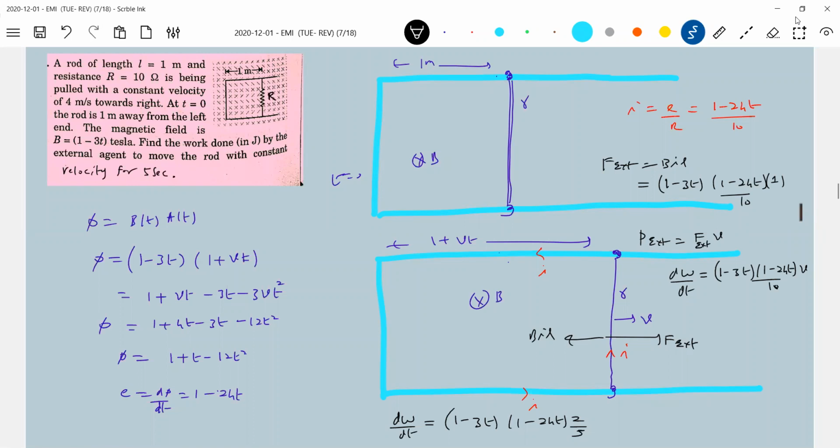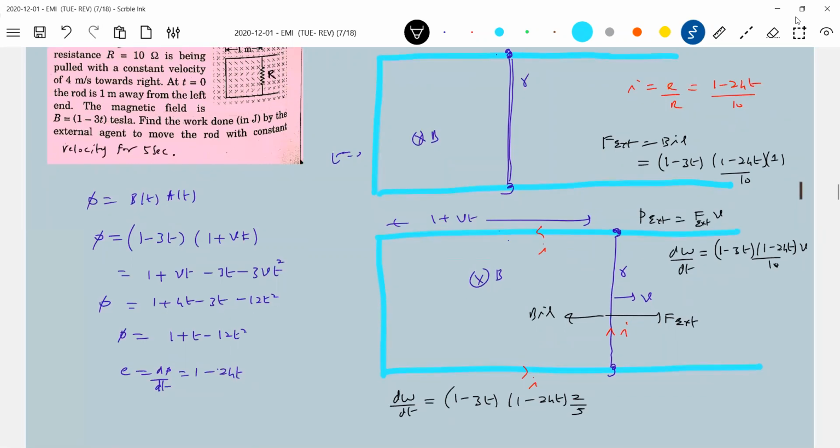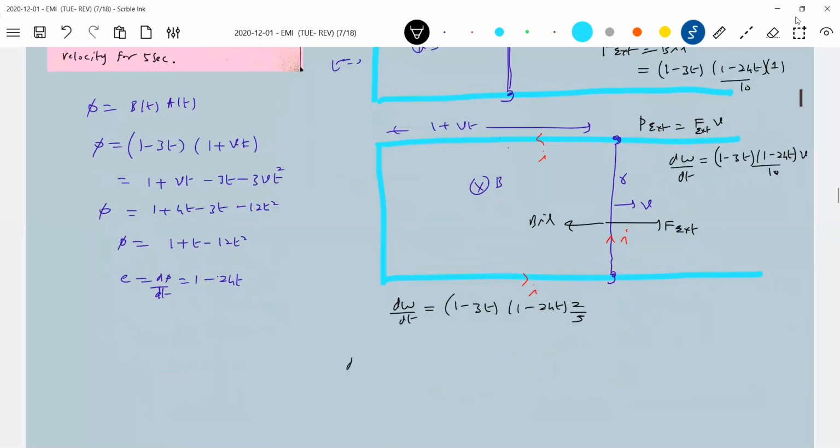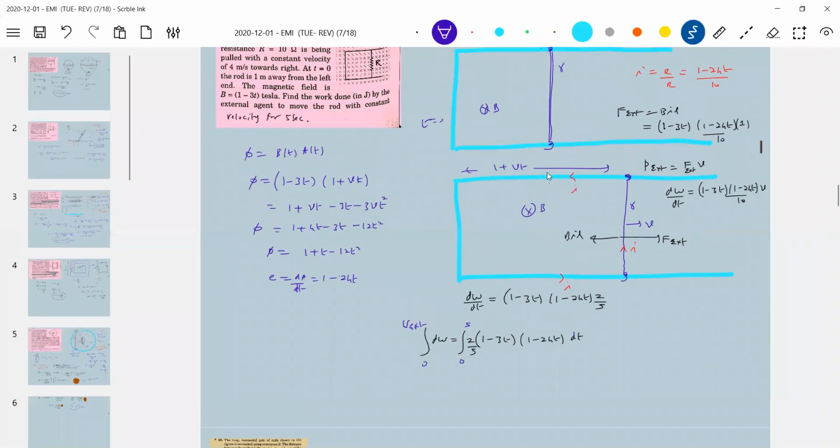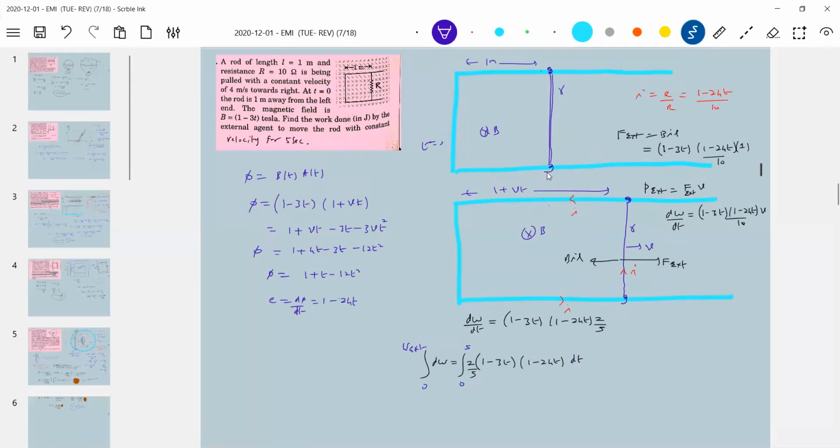I'll integrate this and get the work done from 0 to 5 seconds. The limit should be 0 to 5. I'll give the answer later on, you check it.